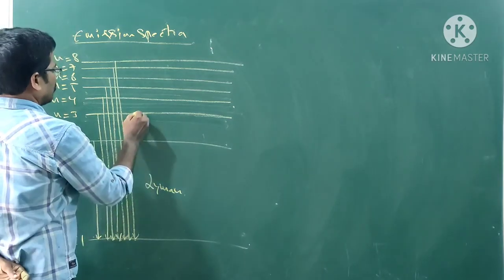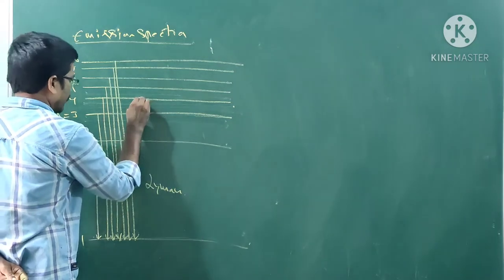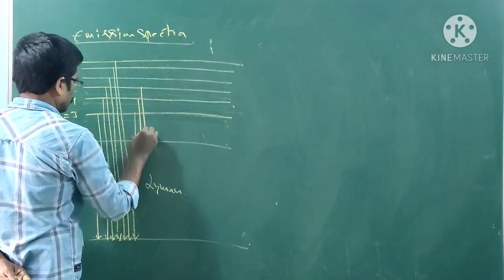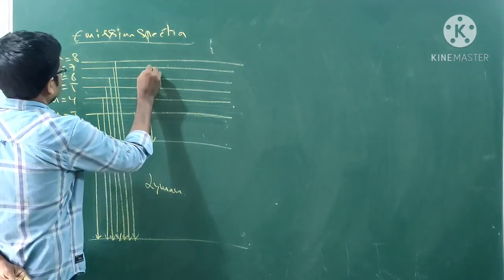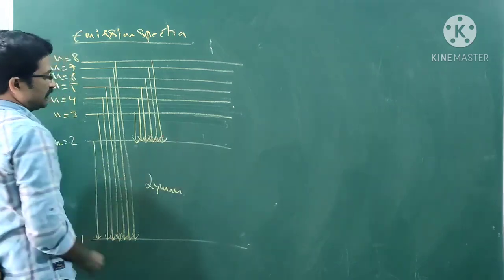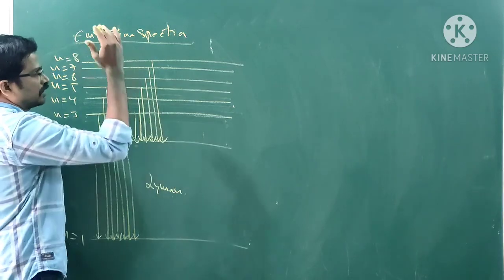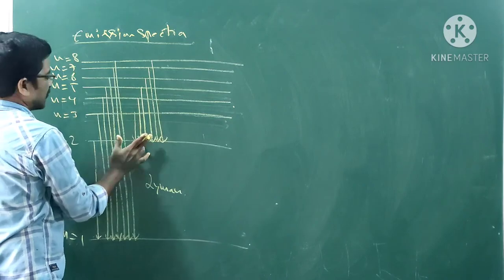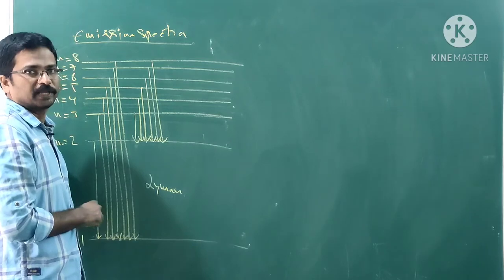Whenever an electron comes from the third to the second level, and in the same way fourth to second, fifth to second, sixth to second, seventh to second, eighth to second, from any higher energy level to the second level in a hydrogen atom, you can get the emission spectra.